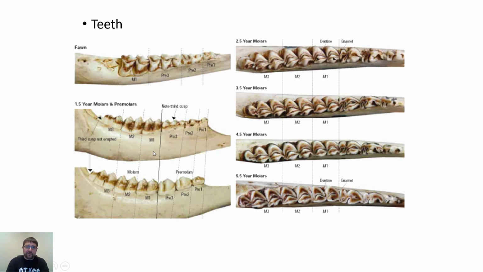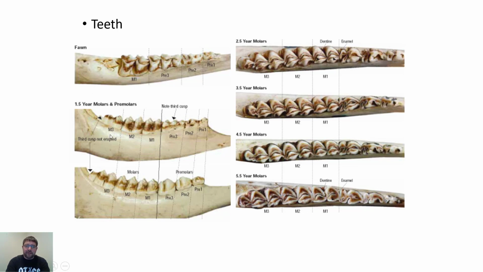Okay. Now, early on, diet and everything like that don't play a huge part, because it's just like other mammals. You have baby teeth and non-baby teeth. So you have premolars and then molars. Okay, in a fawn, you will only have one molar. Okay, the other ones will have not come up yet.